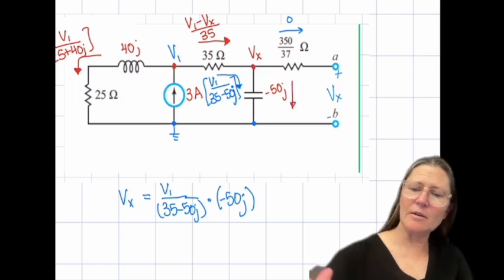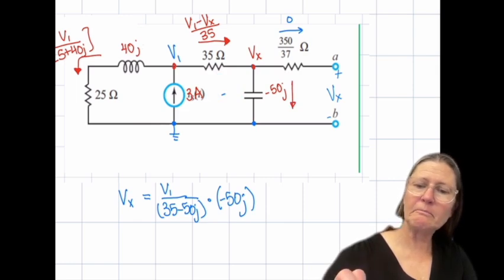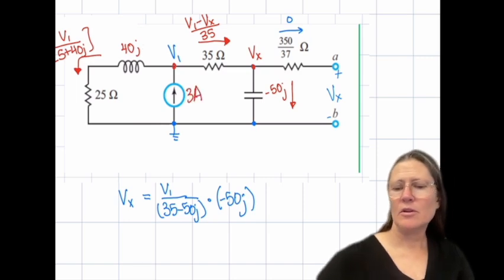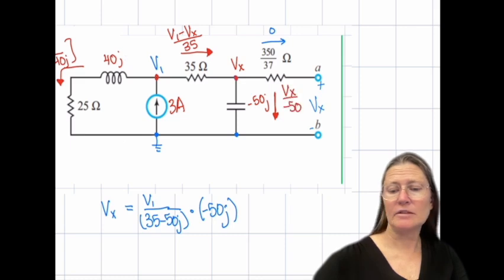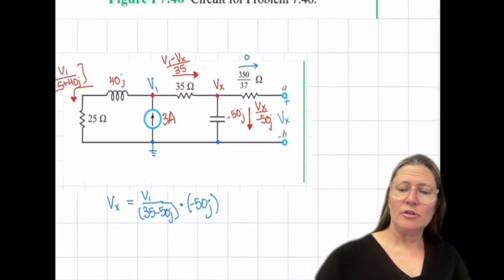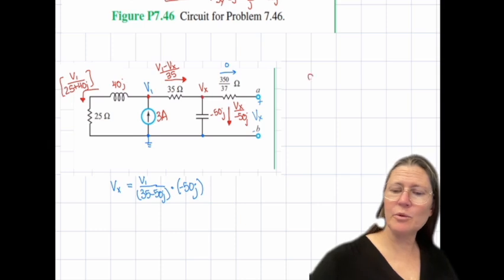And then I'm going to erase this one. This current. Correct. So you're going to have 2 equations here at V1.